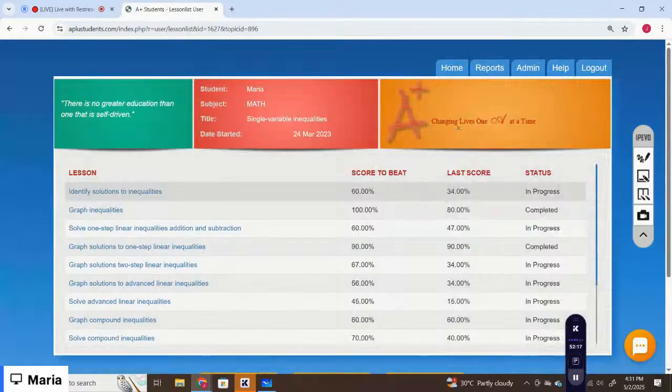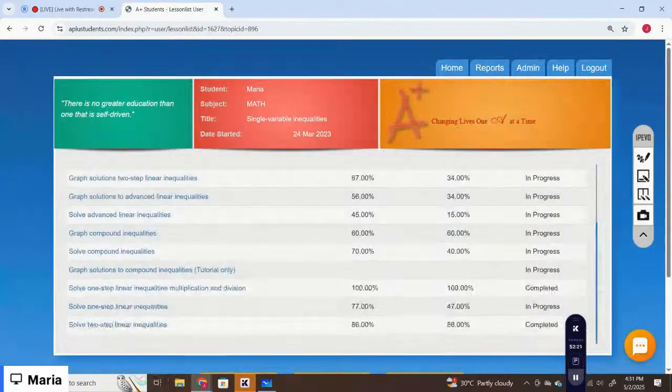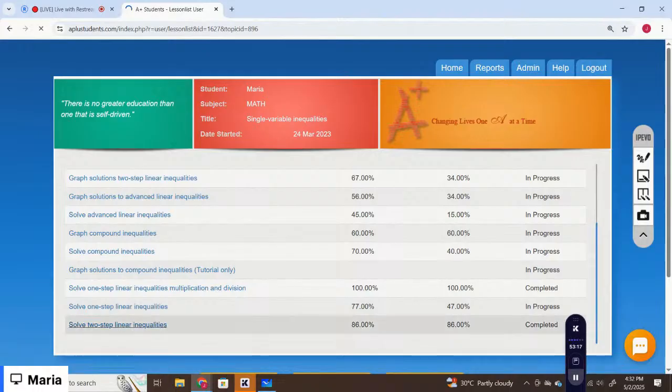The next lesson is two-step linear inequalities.